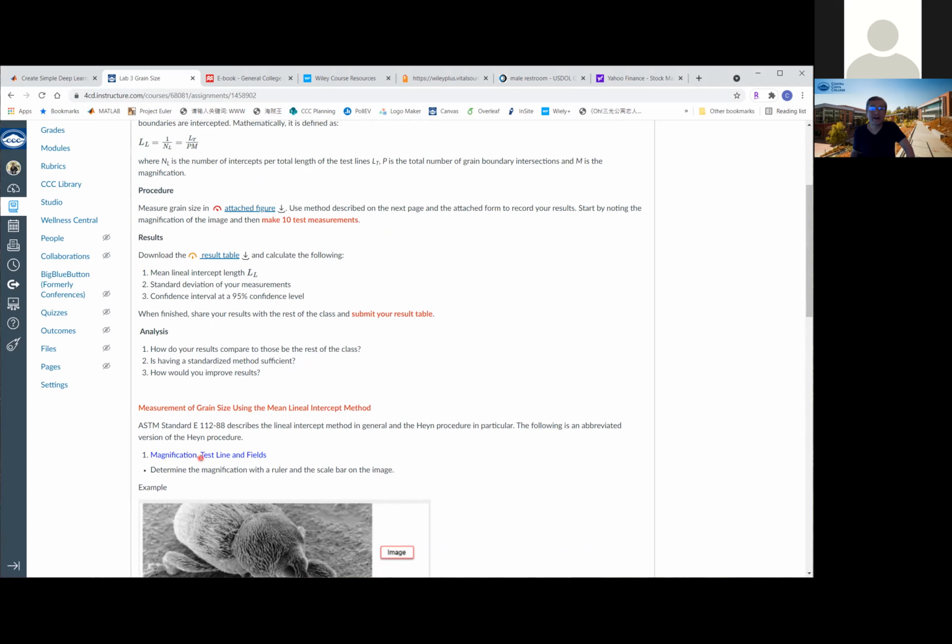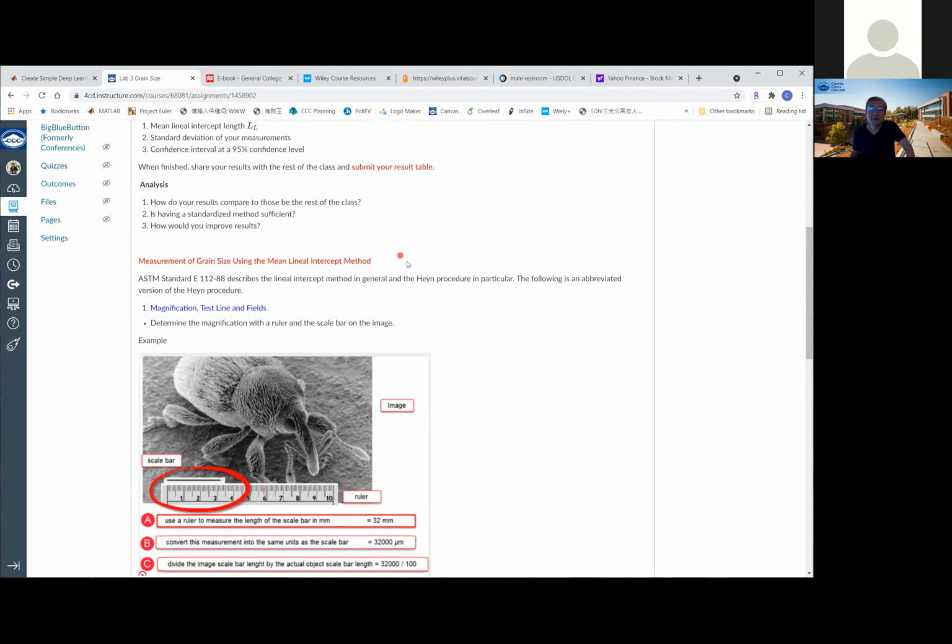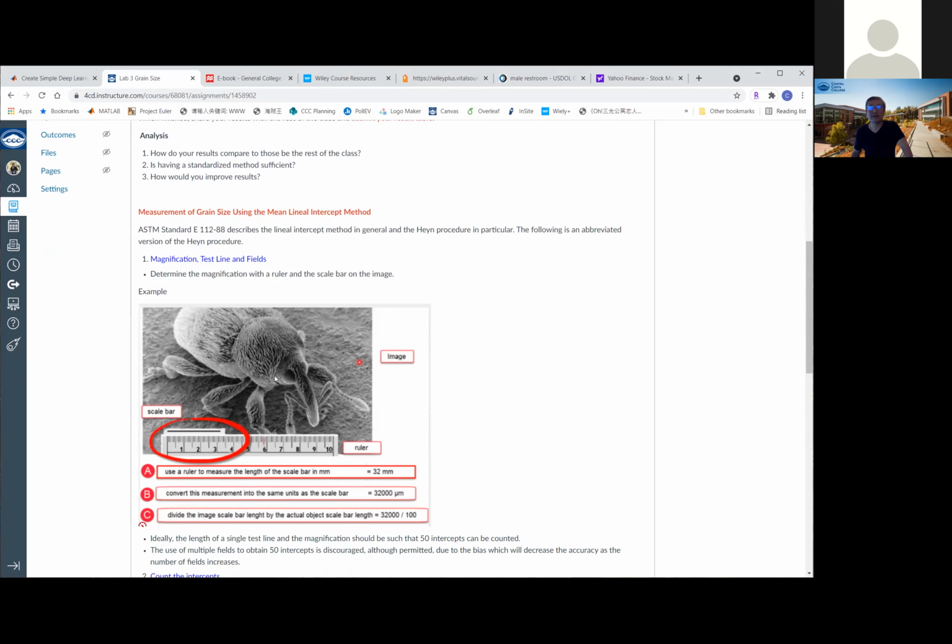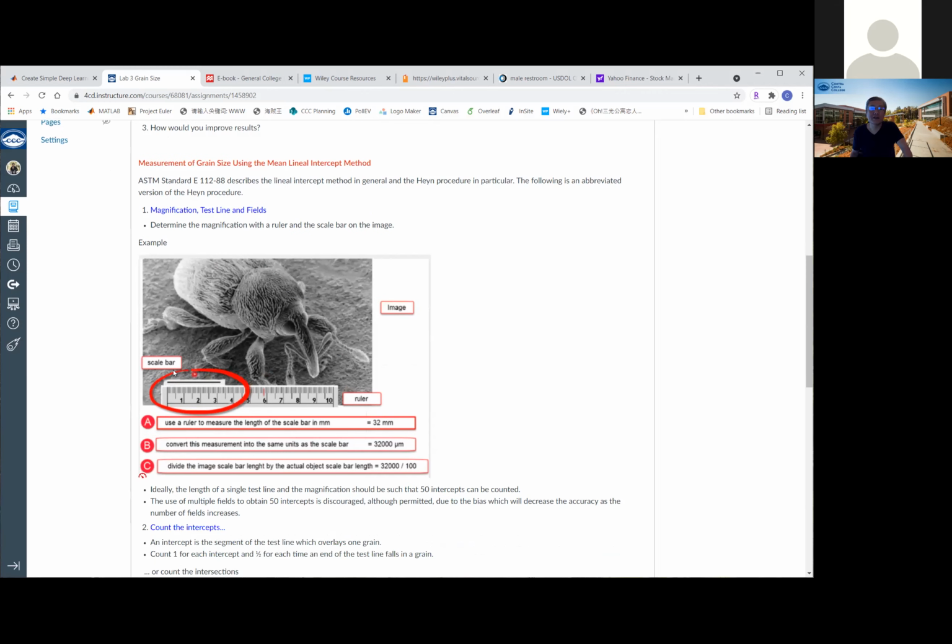Let's start with the magnification. M over here is the one that we are going to determine. So how do you determine M? Let's say you take a picture using a microscope, looking at some small item. This is just an example to show you how we get that. The thing you will focus on is the scale bar. Normally the scale bar will give a number to represent, for example, 1 millimeter.